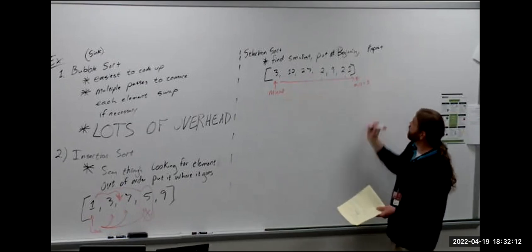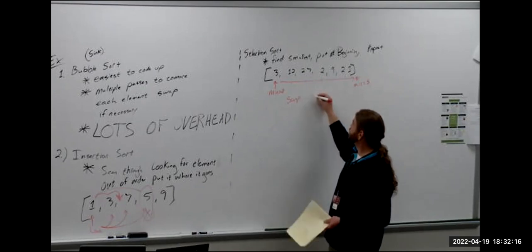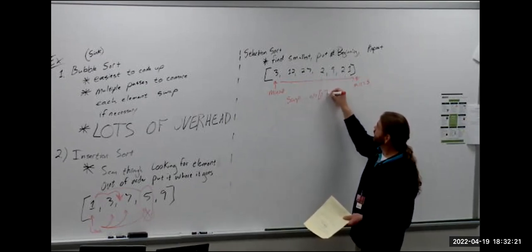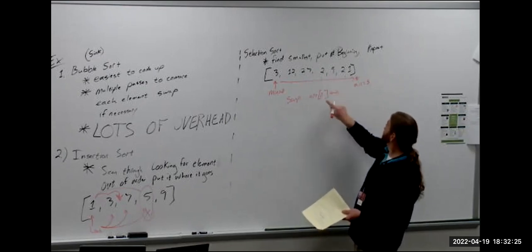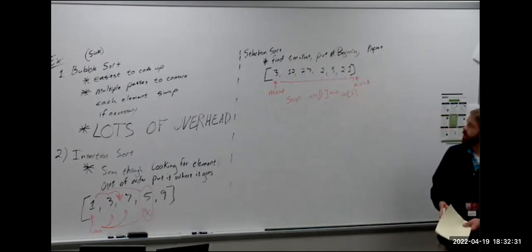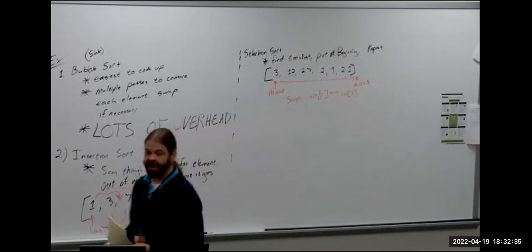Our minimum's at the 3rd index, so then we swap. I'll just write ARR, swap ARR and 0. Element 0 and element 3. So once we find the smallest one, put it at the beginning, and then keep repeating that until we have everything in order.